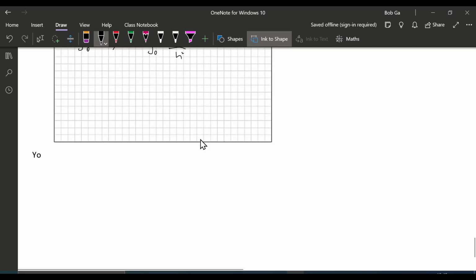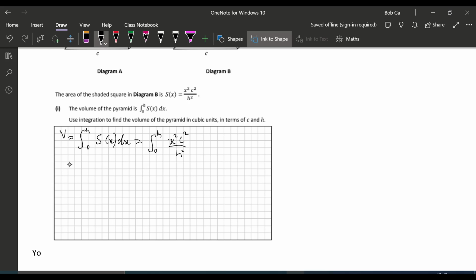If you look at here, the antiderivative of x squared with respect to x is given as follows. Let's take this x squared out first.